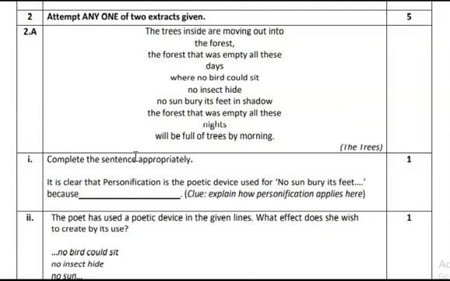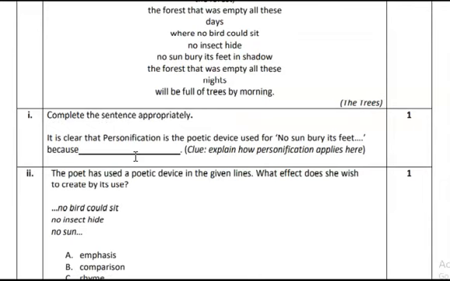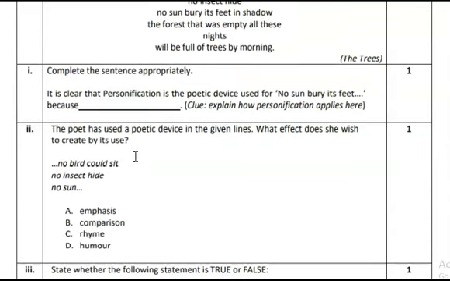Now, given this extract, you have the first question: complete the sentence appropriately. The sentence is, it is clear that personification is the poetic device used for no sun bury its feet. Now you explain how personification applies here.